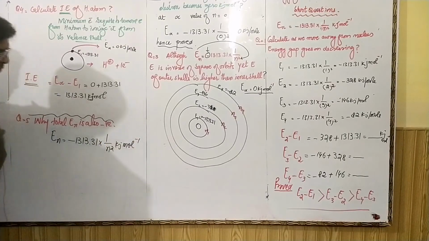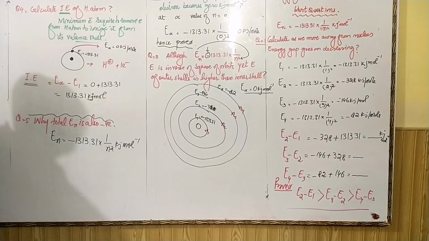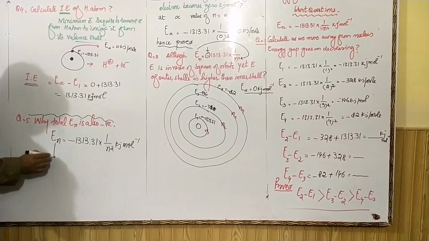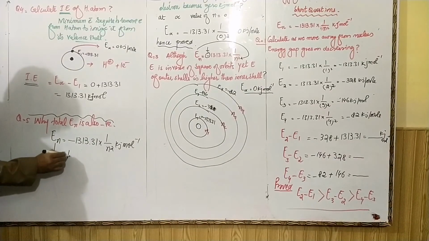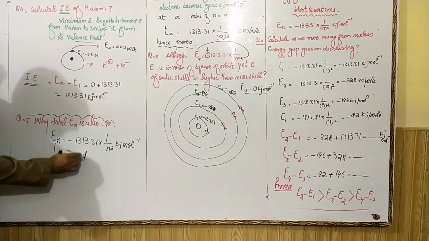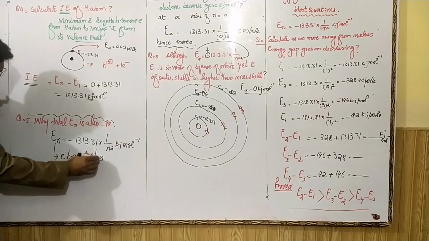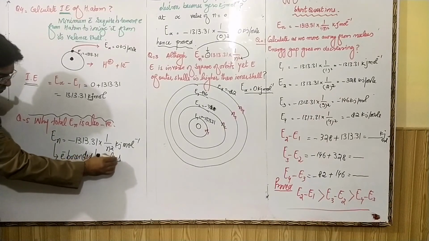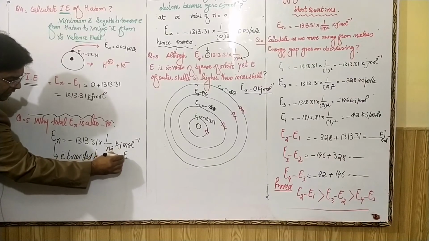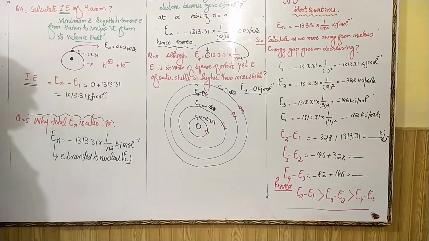Why is this value negative? Because in nth shell, electron is bounded to nucleus. Which force is used? Due to strong electrostatic force of attraction called as Coulomb force. And the bonded electron will face strong force of attraction.